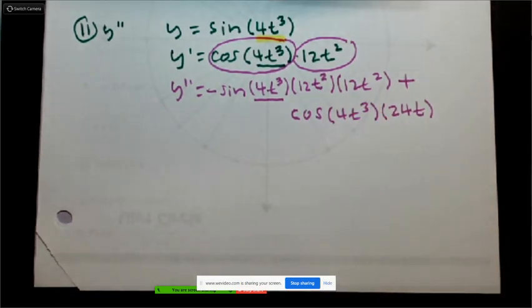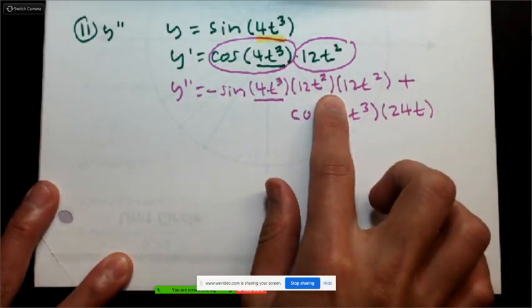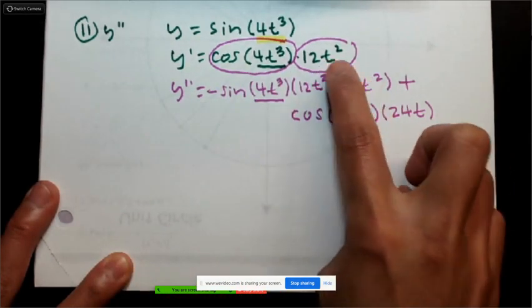Okay. All right. What number was the next one? Number 16. We're going to do number 16. Derivative of this guy was all of this. This one was repeated right here.